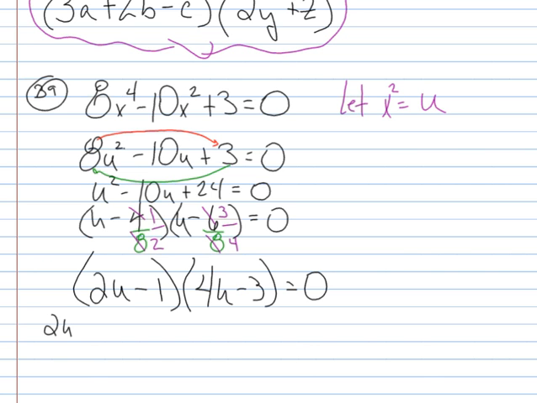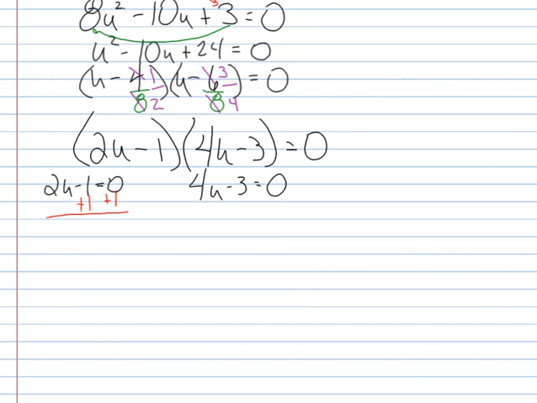So I say 2u minus 1 equals 0, and then I come over here and say 4u minus 3 equals 0. Working on the one on the left. First thing I do is add 1. So that's going to give me 2u is equal to 1. Divide both sides by 2.